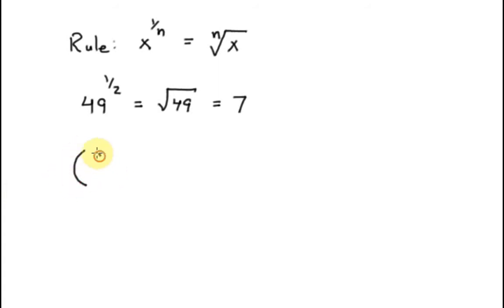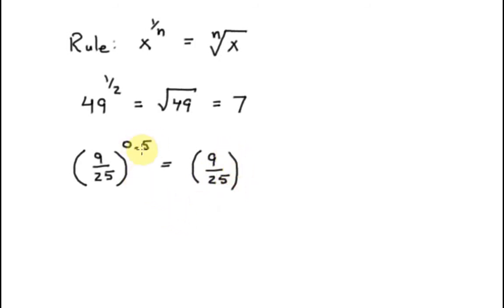Suppose we throw some fraction at you. Suppose we had 9 over 25 raised to the 0.5. Now when you run into decimals, I find it a lot easier to convert them to fractions and put it into simplest form.